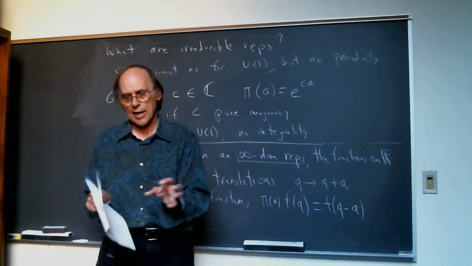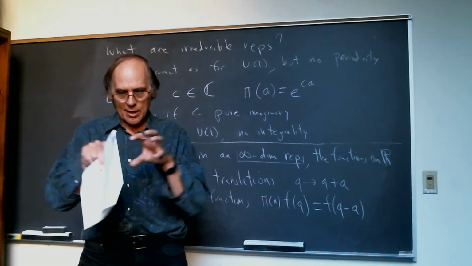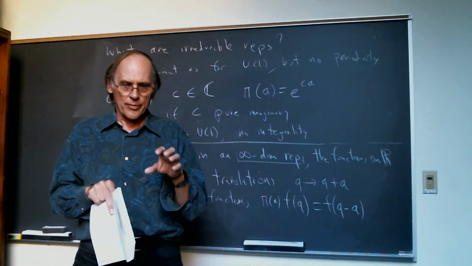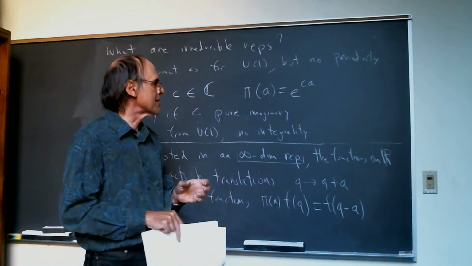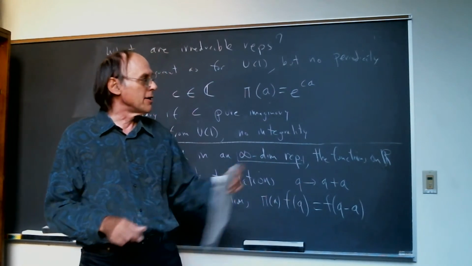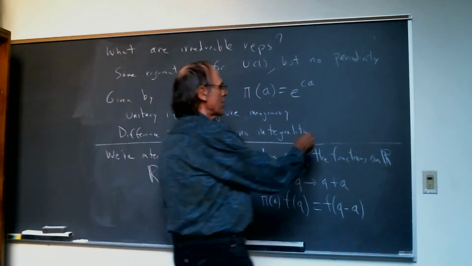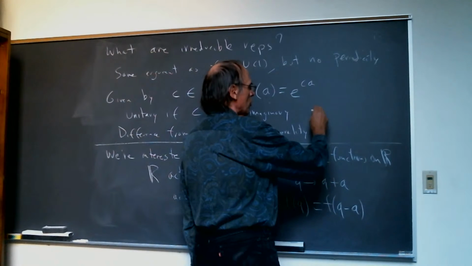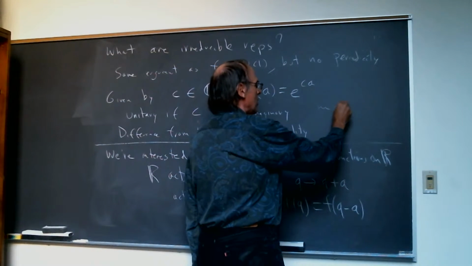In the U1 case, since everything was discrete, you just had a discrete problem of how to add. I could talk very nicely about saying my representation was a direct sum.